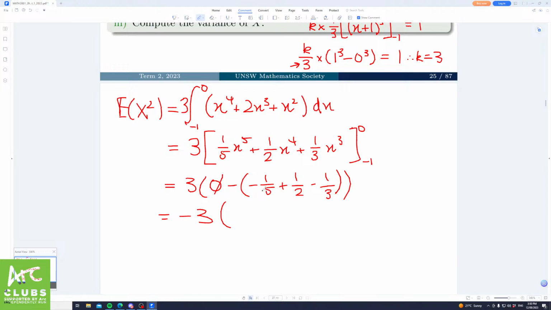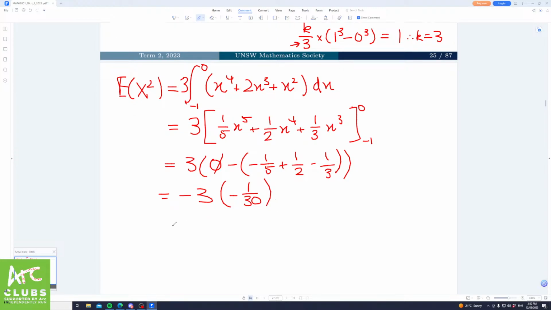a half minus 8 on 15, I believe. And that is going to be equal to, obviously I'd use a calculator at this point, but 8 on 15 we can write as 16 on 30. So it should be negative 1 on 30, I believe. And this is going to be equal to a tenth.